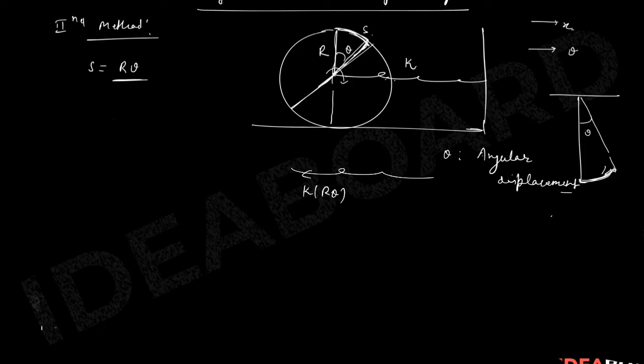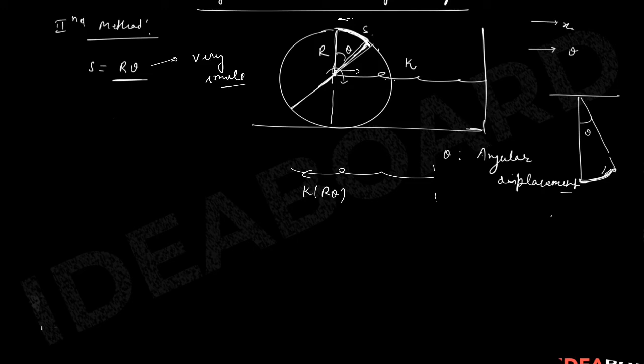So if this is K into R theta, why I'm saying this, because this is connected to this point, right? So this sphere will go like this, so obviously this angle is theta. So understand, this theta is very small, so it is not like that it is so huge, it is just like this.